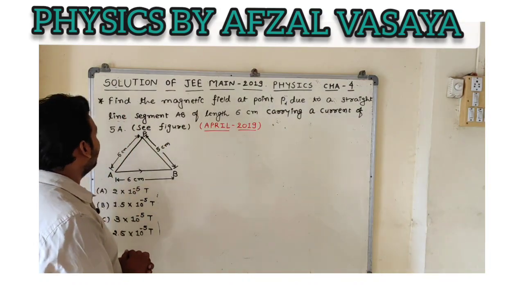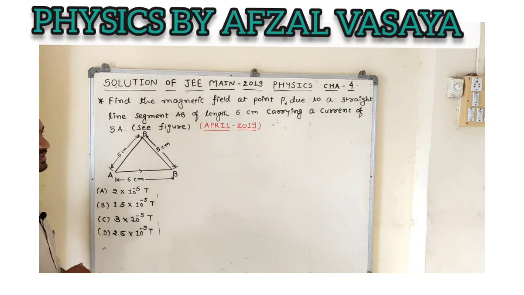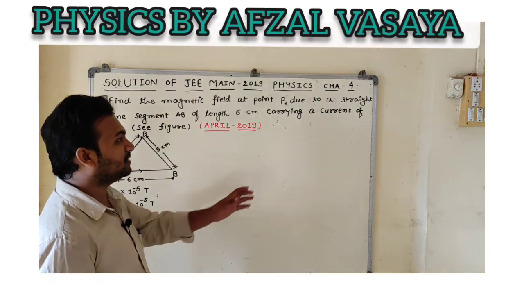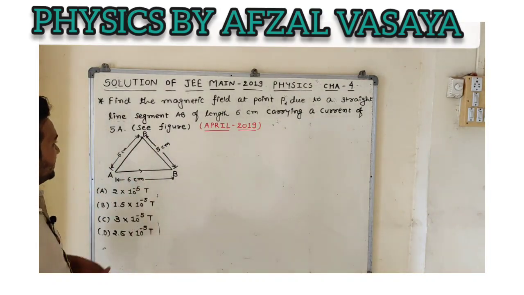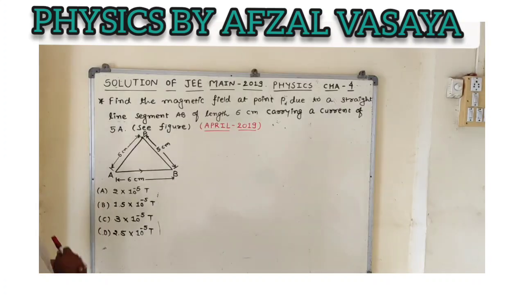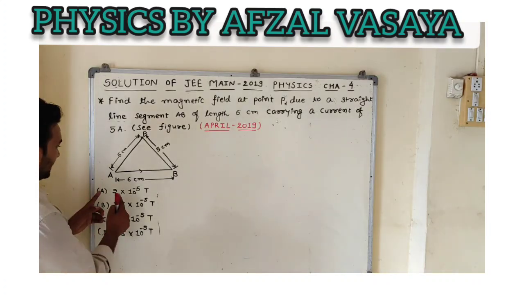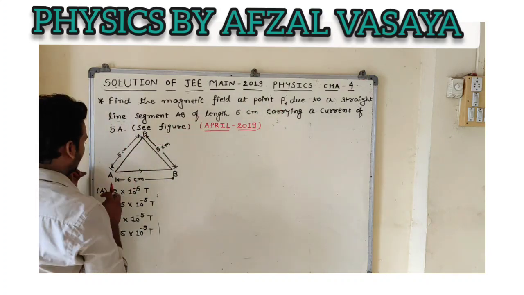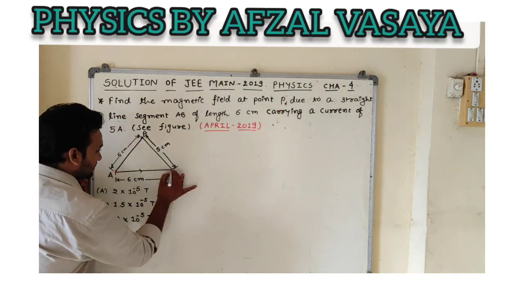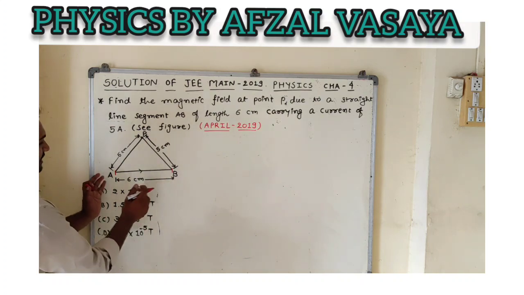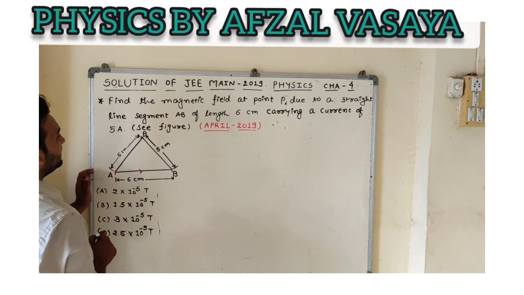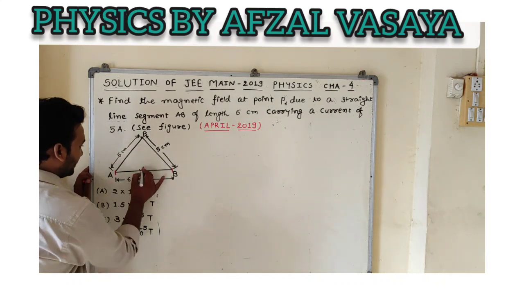The question is: find the magnetic field at a point P due to a straight line segment AB of length 6 cm and carrying a current of 5 ampere. See the figure. Here AB is the straight line segment, this is the wire, and the current passing through this line segment is 5 ampere.